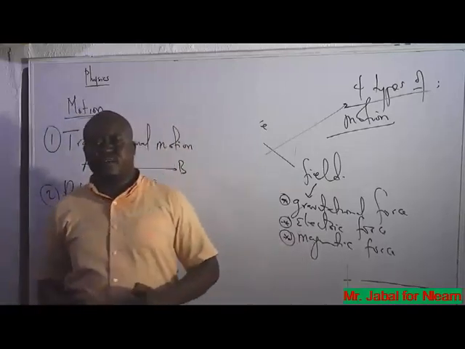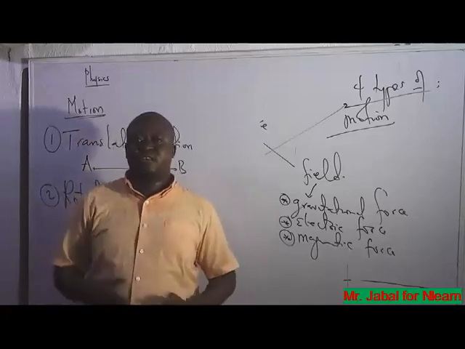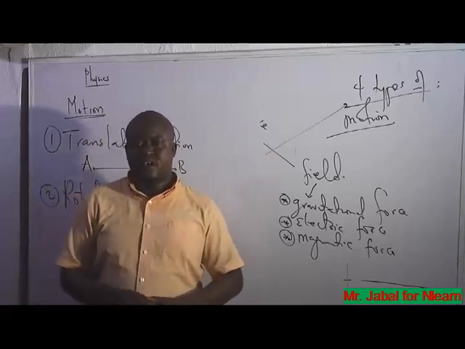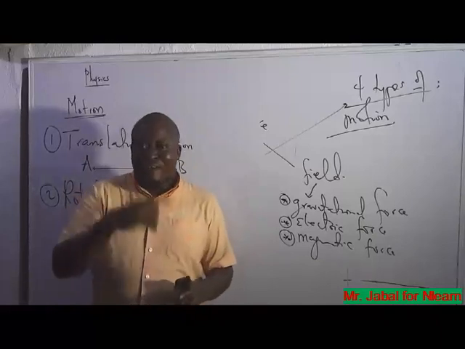But we later discovered that there is a certain force that keeps the Earth moving in its rotational form, and the name of that force is centripetal force. So the Earth itself moves in a rotational form around its axis.